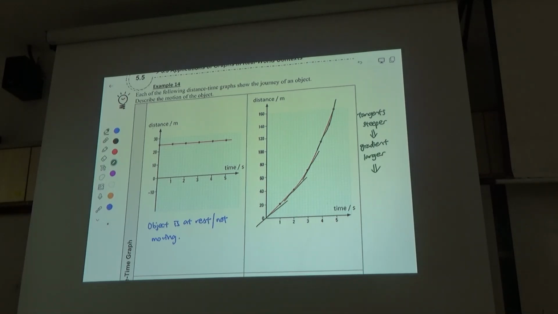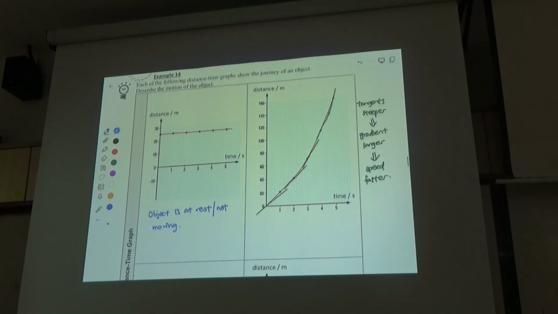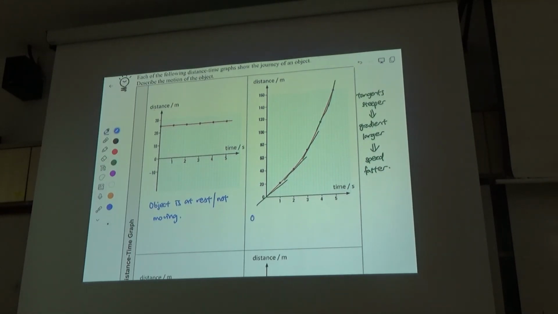And with gradient implying your speed, that means speed is getting faster. So, in this case, we say that the object is moving at an increasing speed.